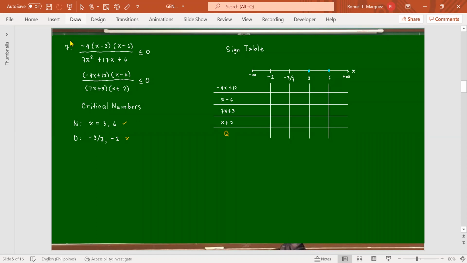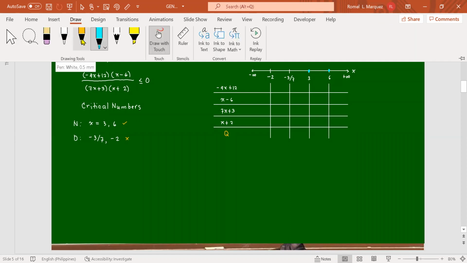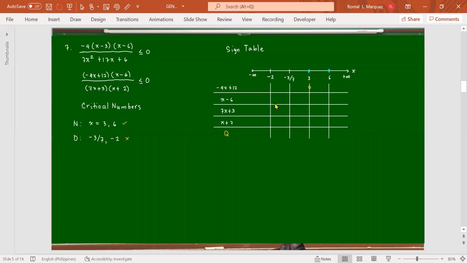Okay, we now have the signs. Let's put the 0 marks first. So here, 3, 6, negative 3 over 7, negative 2. Negative coefficient, so positive, positive, positive, negative, negative.